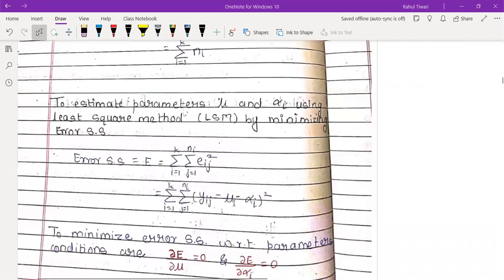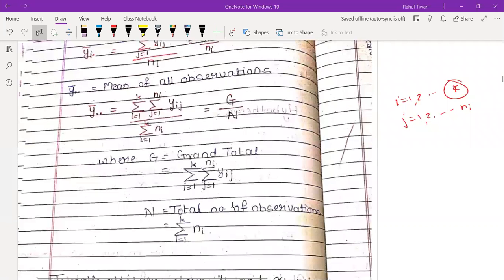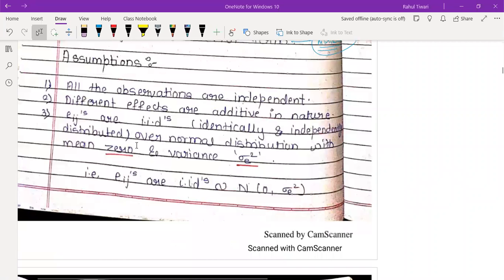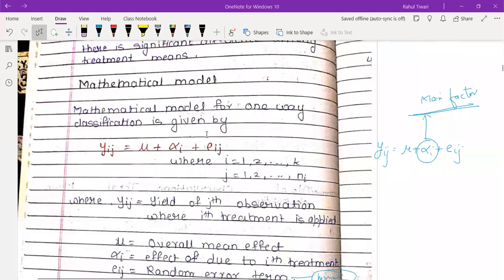Now, as I said, this EI we have to minimize. Just think of if the EI is not there in the model.